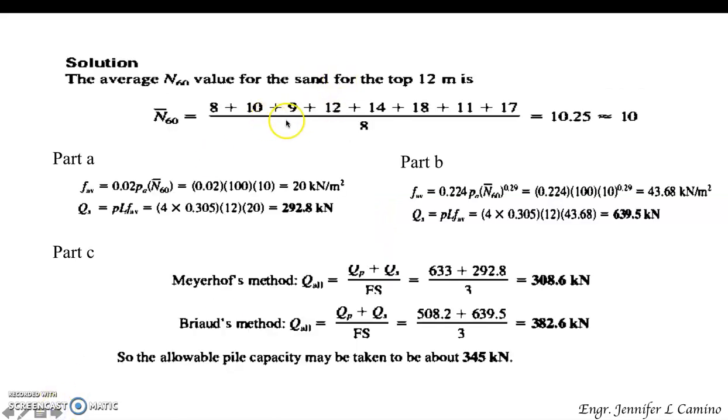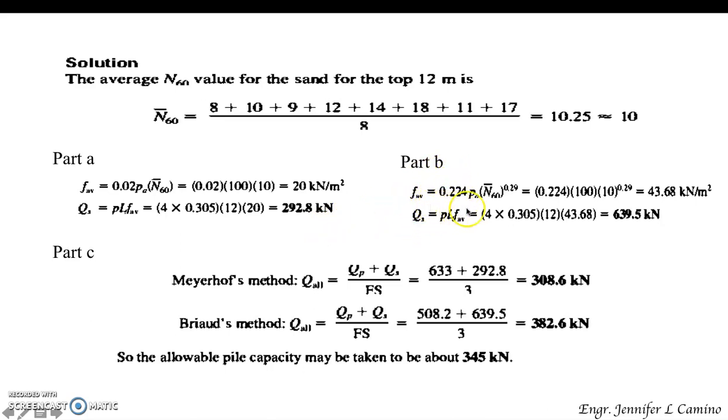These are all over 8. So we get the average value of N sub 60, which is 10.25, approximately 10. Therefore, our unit frictional resistance is equal to this equation, and that is equal to 20 kilonewton per meter squared, and our skin friction will be equal to 292.8 kilonewton.